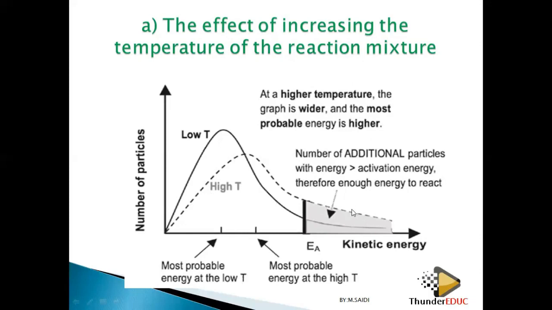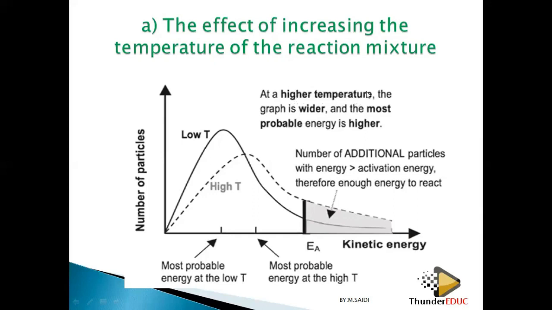That's why you see here that the graph is covering more particles if you draw a line here, and then here it is covering fewer particles. So it means that if you have more kinetic energy, the particles which are going to react are going to be more, and then more products are going to be formed. So an increase in temperature increases the rate of chemical reaction.